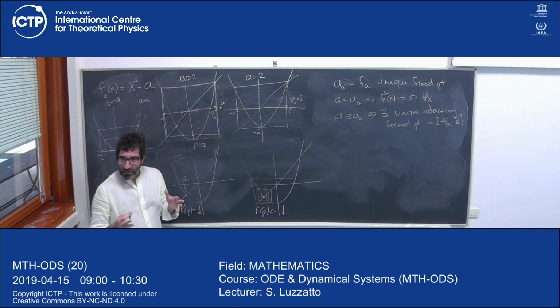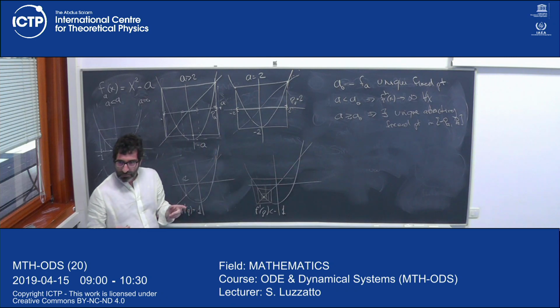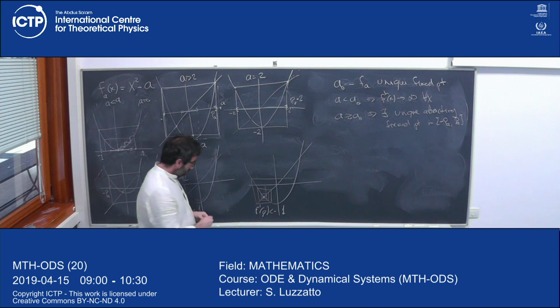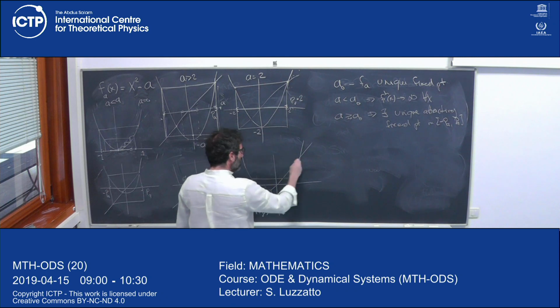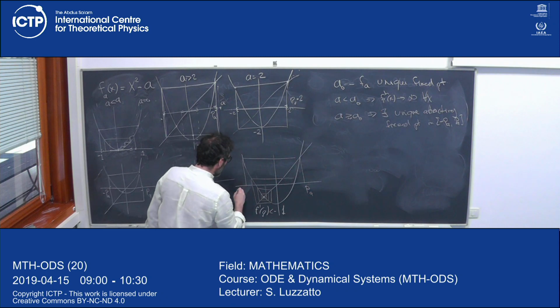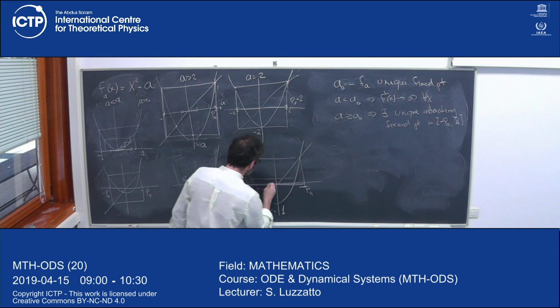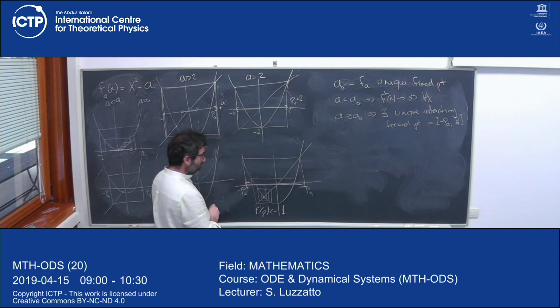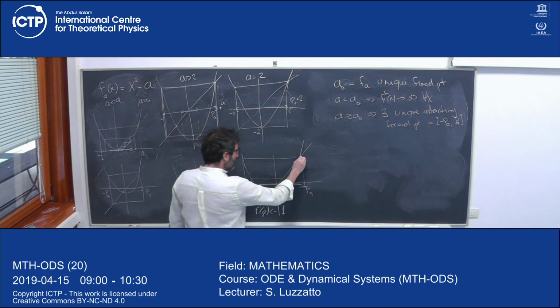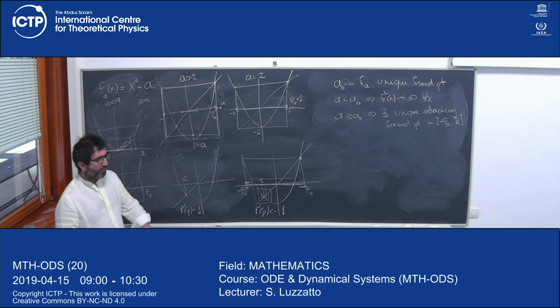It's now a repelling fixed point, and this is also a repelling fixed point. So we still have this interval, this is P of A, this is minus P of A. We still have the two fixed points, but both of them are repelling.